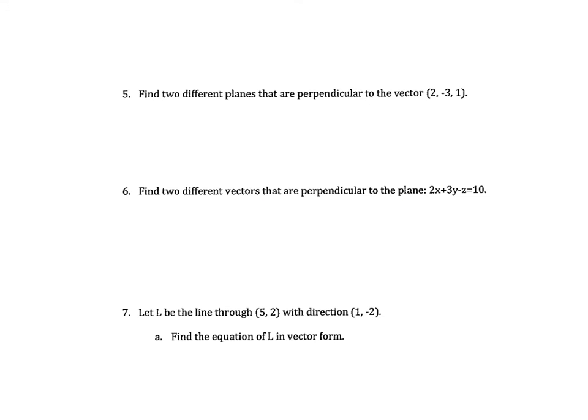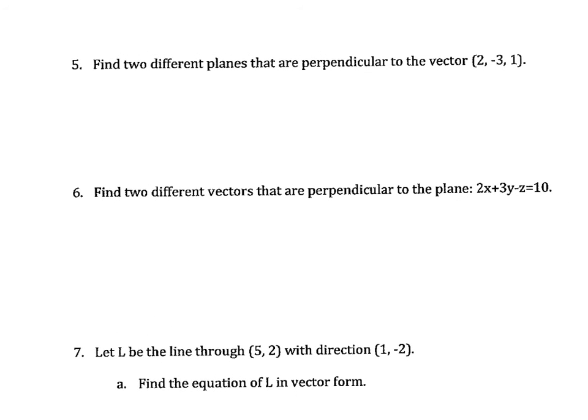Third page. Planes and vectors. So question 5, find two different planes that are perpendicular to the vector <2, -3, 1>. So first of all, plane equation has this form ax plus by plus cz equals d.